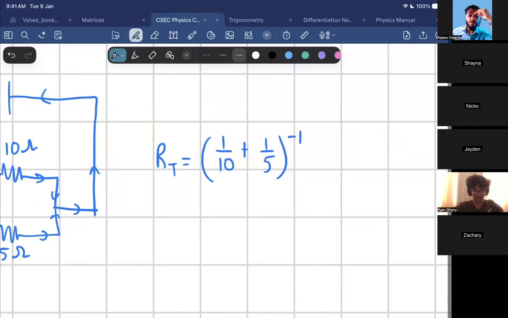Shayna, Nikolai, Jaden, Ryan, plug that into the calculator and let me know what you're getting. You guys having trouble with the calculator? Shayna, are you having some trouble with the calculator?